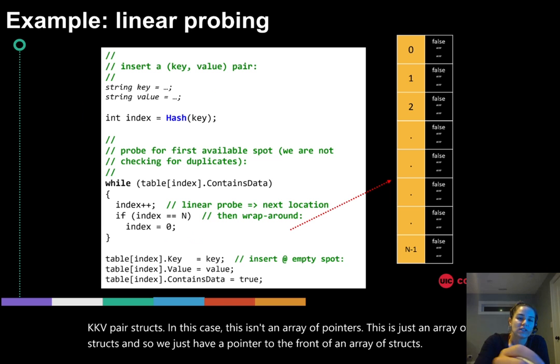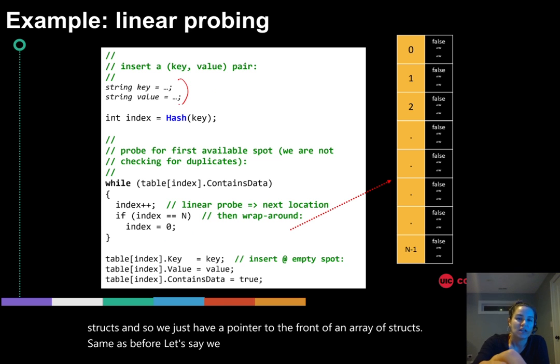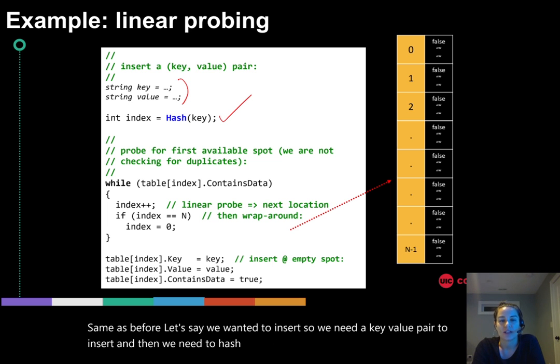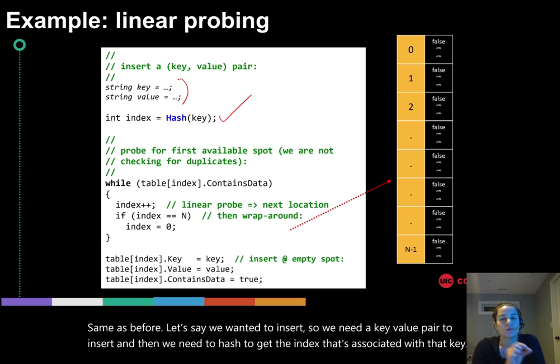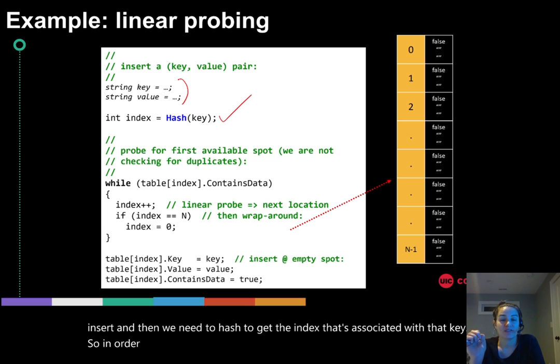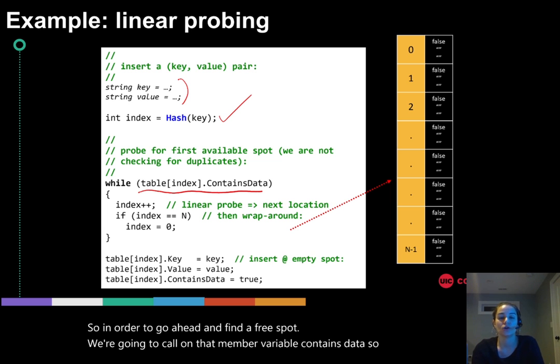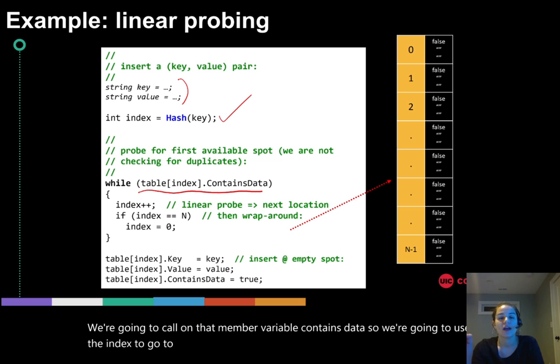Same as before, let's say we wanted to insert. We need a key value pair to insert, and then we need a hash to get the index that's associated with that key. In order to find a free spot, we are going to call on that member variable contains data. We use the index to go to the location in the table, and then we check its member variable.